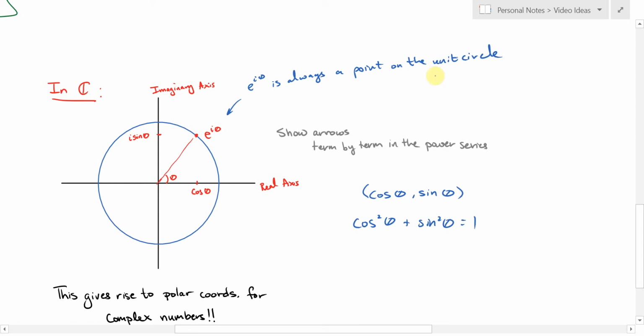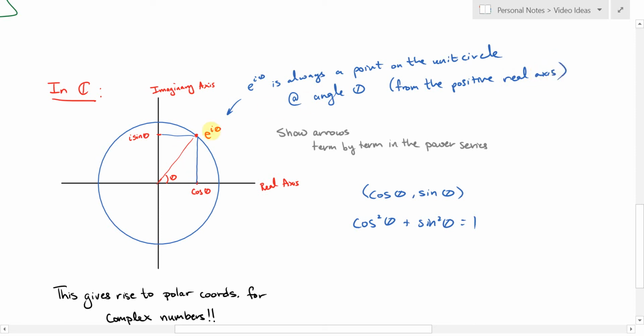But not only is it a point on the unit circle, what's the angle here? Well, cos θ, sine θ, again, it matches perfectly with the picture we had up there. It's a point on the unit circle at angle θ from the positive real axis, from the positive x-axis, or the positive real axis, since we're in the complex plane.